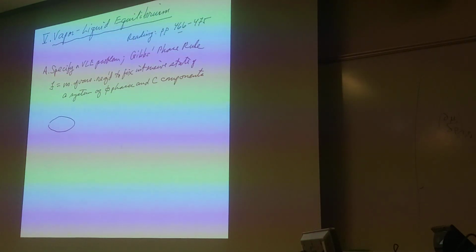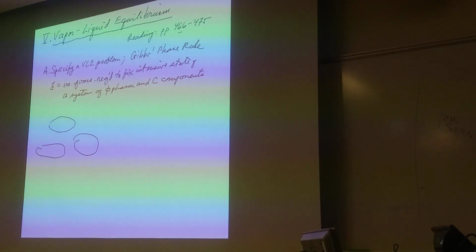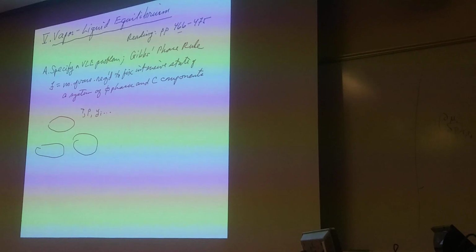First of all, let's say I've got some phases here, but they're not in contact with one another. And the phase rule tells us how many variables are going to be required to fix the state of each of these as independent phases. And that's going to be, of course, for each one of them, the temperature and pressure and the mole fractions, and we'll need C minus one of them.